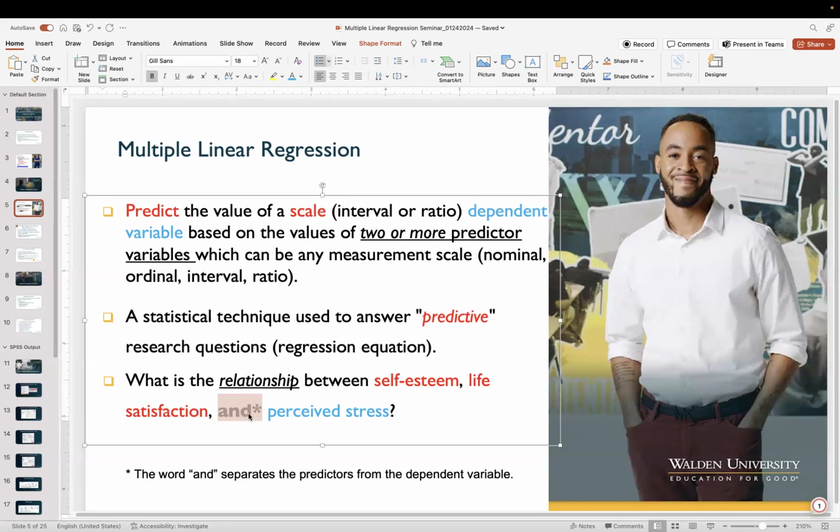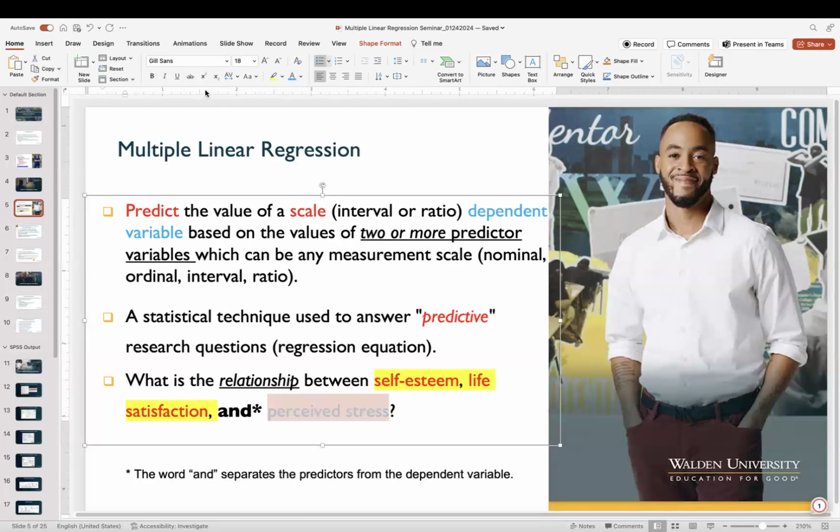That word "and" separates, to the left of it in red, predictor variables. So you can clearly see in this example that you have two predictor variables, self-esteem and life satisfaction. The word "and" denotes that now your dependent variable is coming, and that is perceived stress.